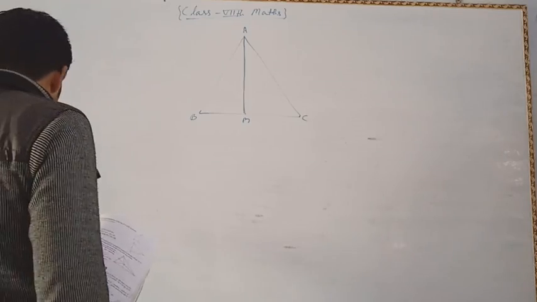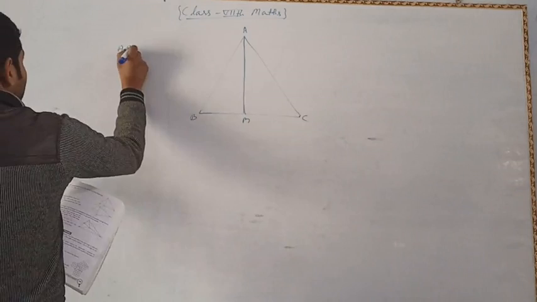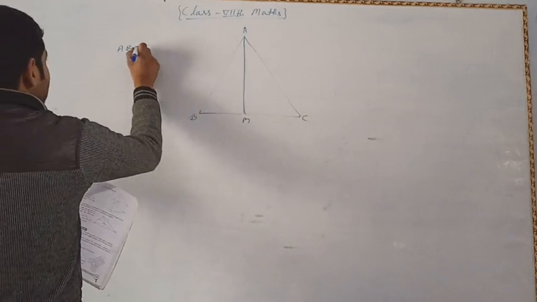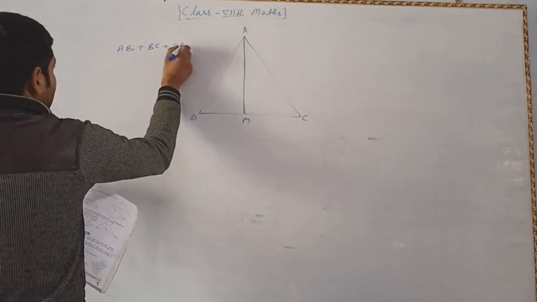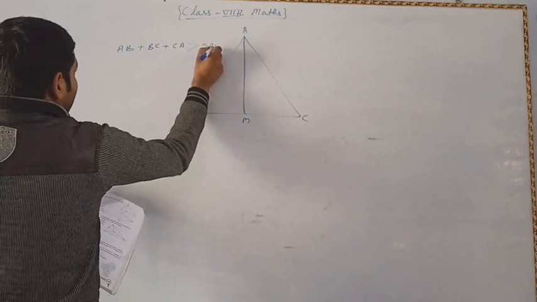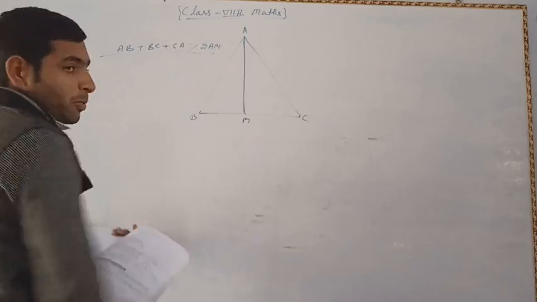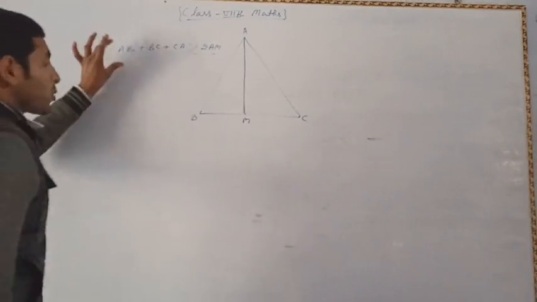So here we have to prove that AB plus BC plus CA is greater than 2AM in triangle ABC.